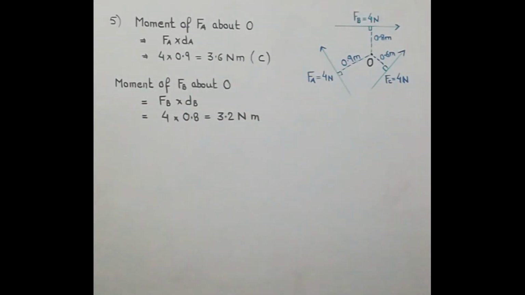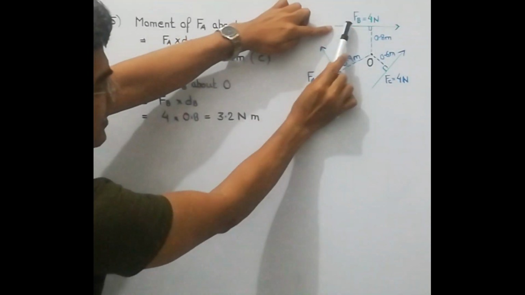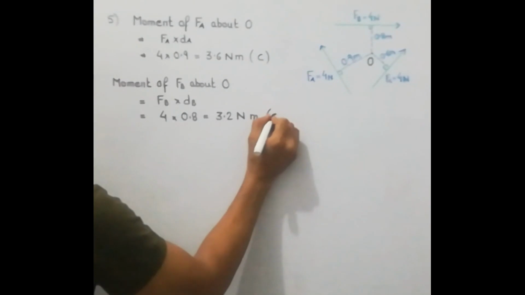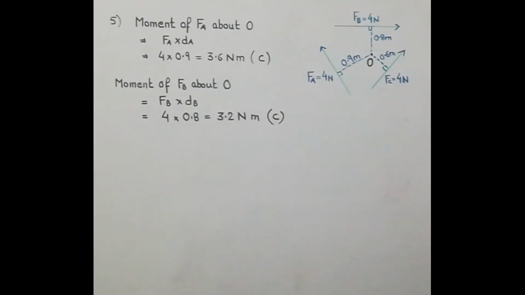It will be 3.2 Newton meter. But again you can see that the direction, you have to write the direction. Now this is the point and this is the force, so it is going to move like this. So that is again the clockwise. So moment of the force B produced will be 3.2 Newton meter clockwise. Now the third force.